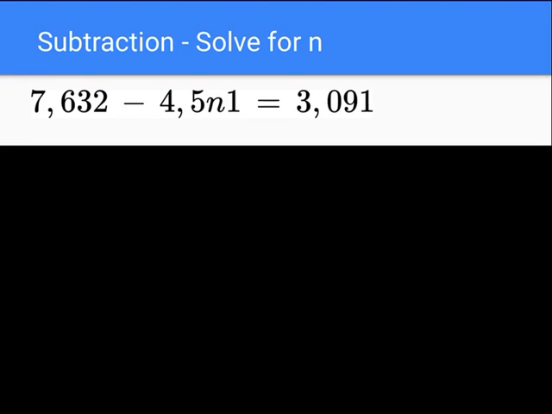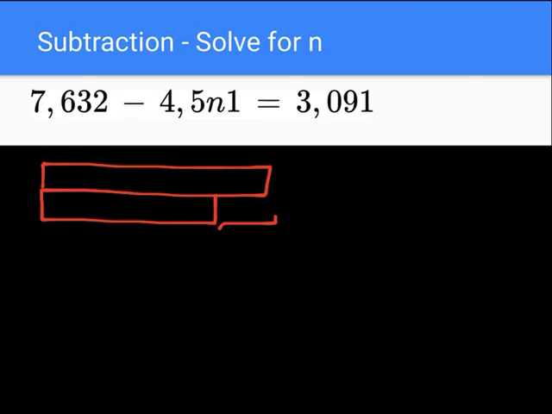For our subtraction box, I want you to kind of take your brain back to the beginning of the school year when we talked about these little subtraction models. We have our whole, 7,632. This is our bigger part. We don't know how many's in the tens there. And then the 3,091 is our smaller part.